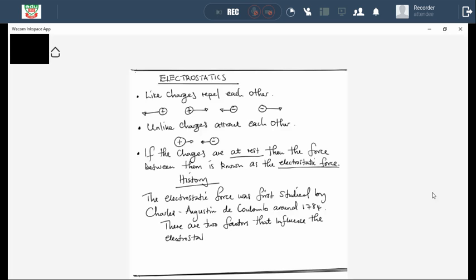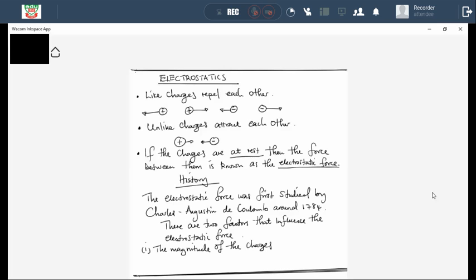Now you can start to guess that. Factor number one is the magnitude, which is the size, of the charges. How big is the charge? How small is the charge? That has a bearing on the ultimate electrostatic force between those two charges.